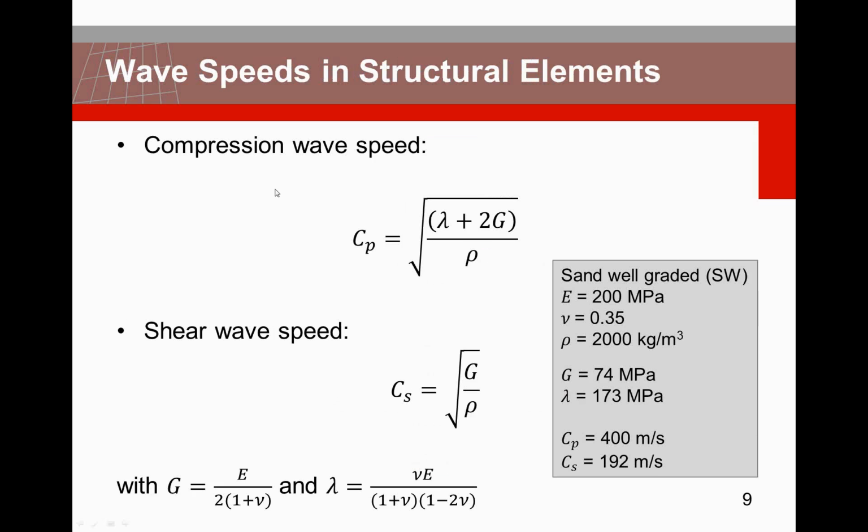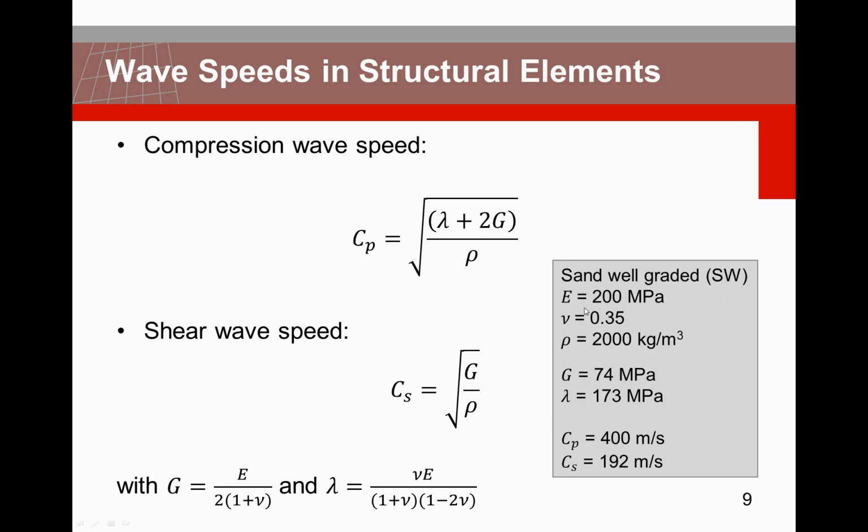In structural elements, we can calculate these wave speeds because they are related to the linear elastic properties of your material. In this little example here, I use a dense sand, well graded, SW categorization.